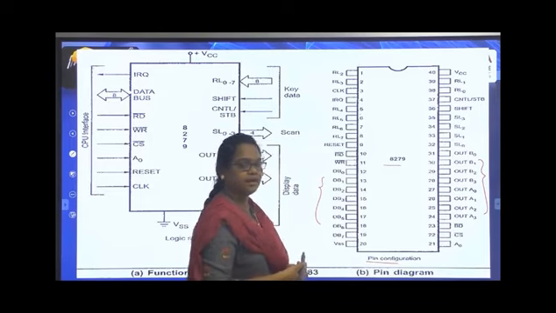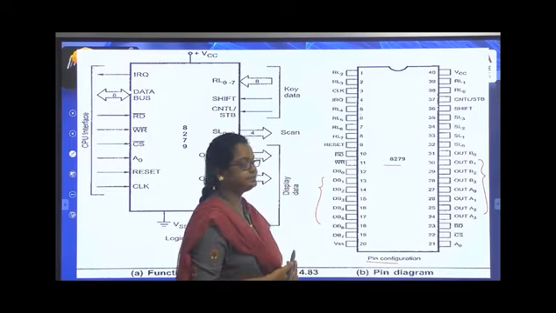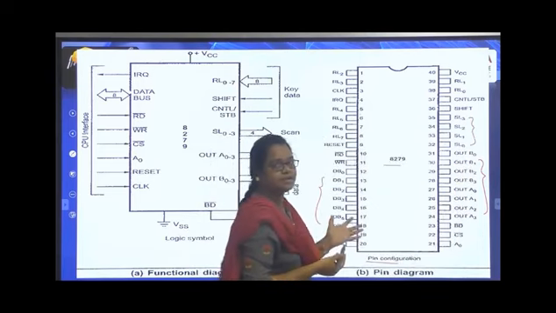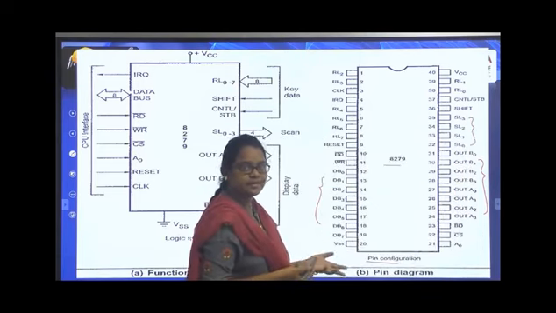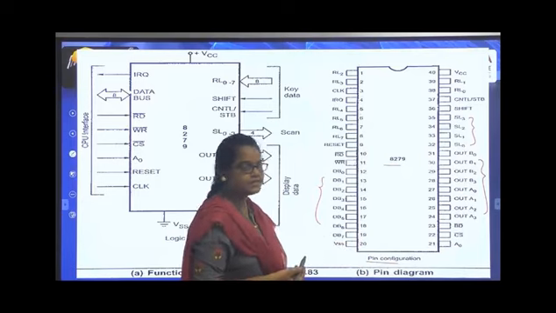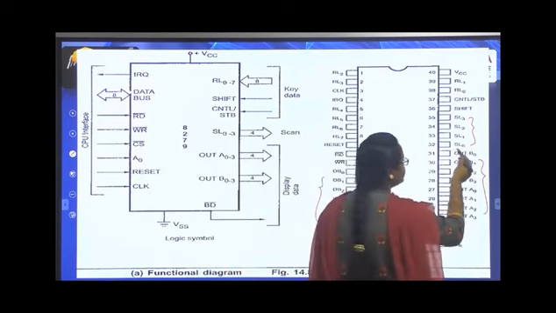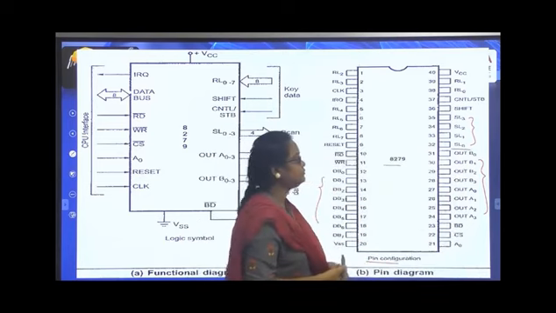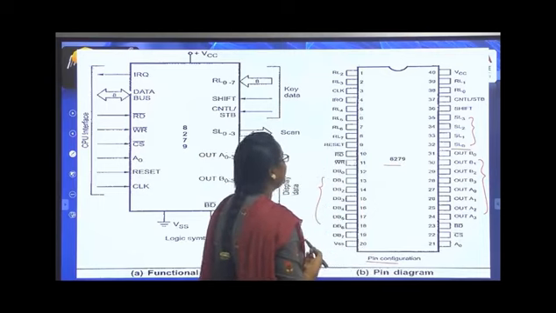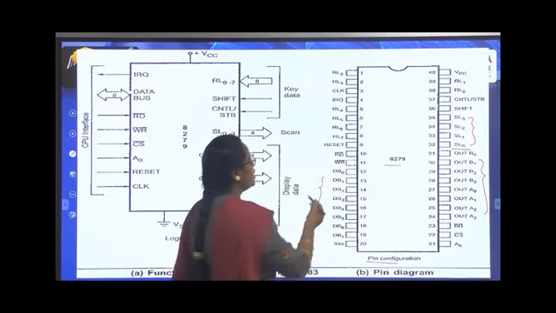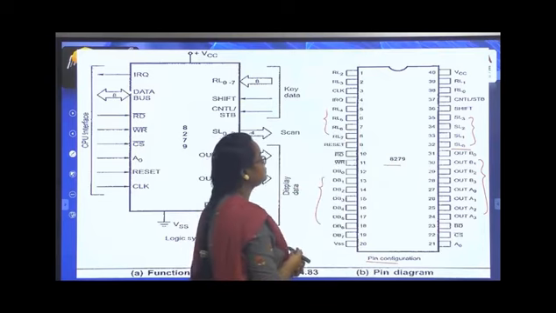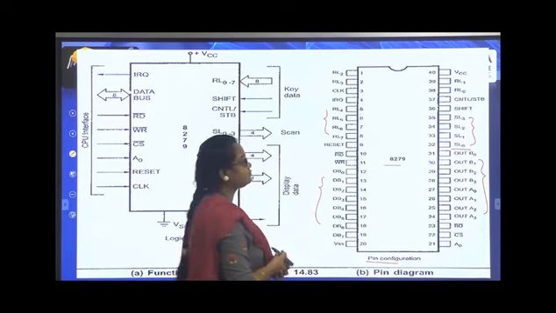B0 to B3 and A0 to A3. Then we have scan lines SL0 to SL3 for scanning the input, and we have return lines, that means rows, RL0 to RL7, which are 8 pins.